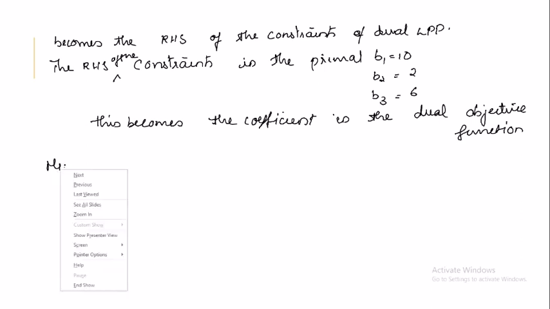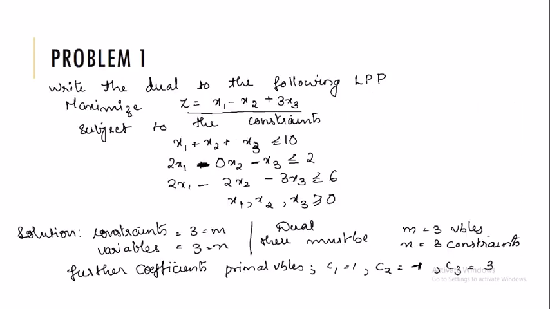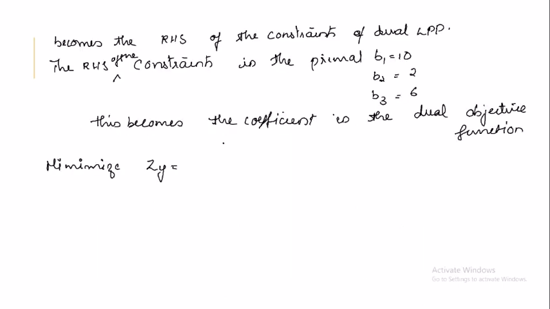So minimize zy is equal to, I have said that the right hand side of the constraints is going to be the coefficients of the objective function. So what will I get? 10x1 plus 2x2 plus 6x3.